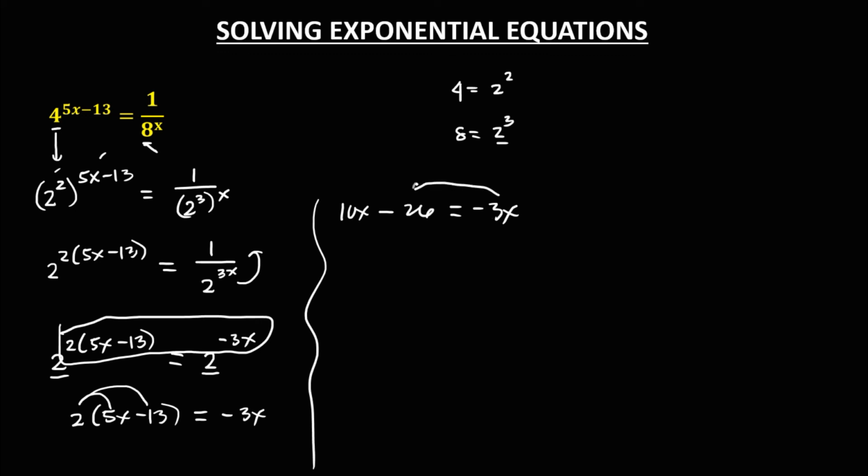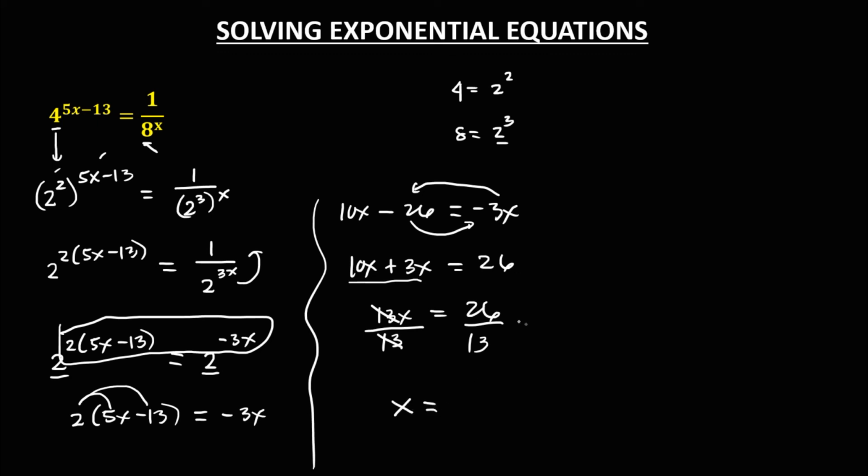Then transpose this negative 3x, so we have 10x plus 3x then equals this negative 26 transpose, that becomes positive 26. Then this 10 plus 3, this one is 13x equals 26. Then to solve for x, so divide both sides by 13. So therefore, x is equal to 26 divided by 13, that's positive 2.